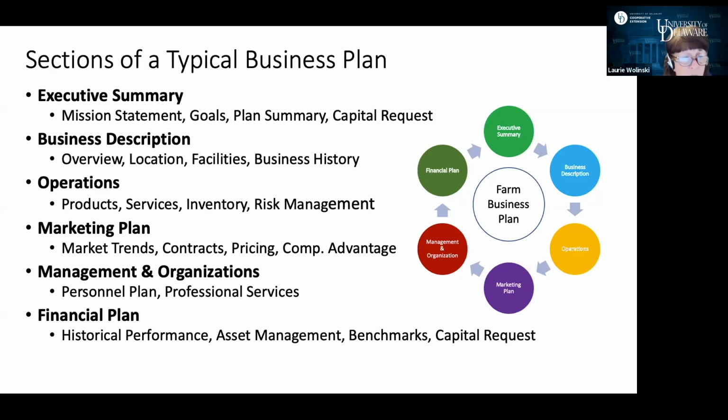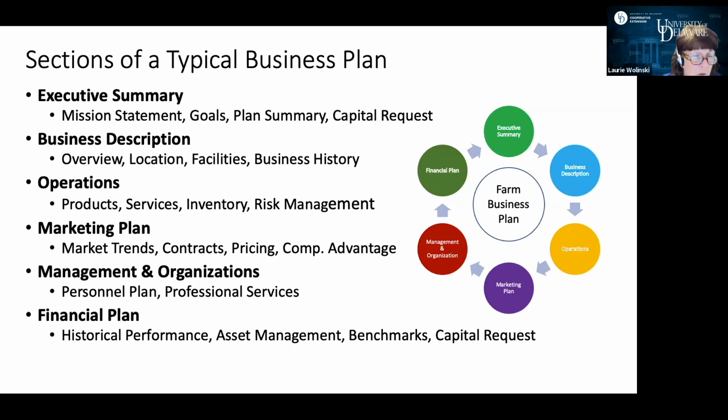And then the operations: what operations are on your farm? Is it animals? Is it crops? Do you provide services? What type of inventory do you have? What are you doing for risk management? So that might be crop insurance. A marketing plan would involve you understanding how you're marketing your crops or your animals, what type of contracts you have, what type of pricing and comparative advantage you have.